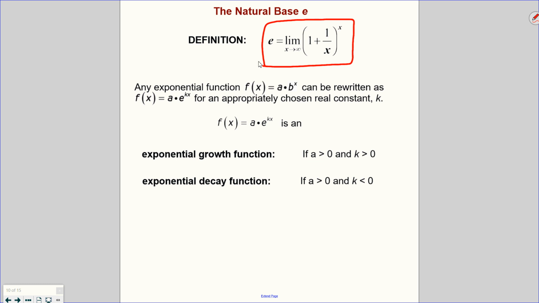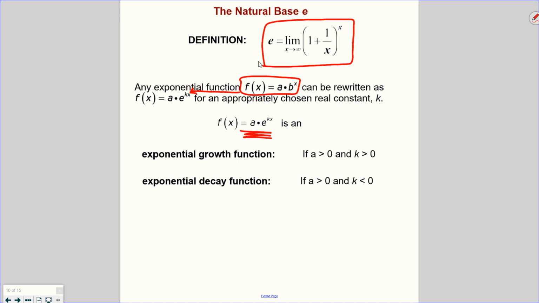So we can rewrite any regular exponential function like this if we get the appropriate value for k. This function can be rewritten like that if we can find the right value of k.